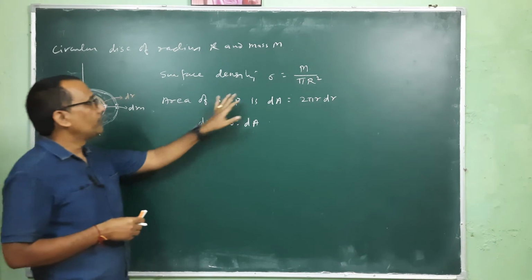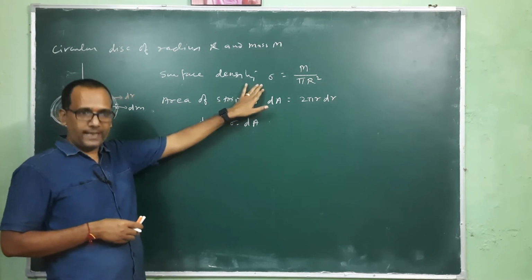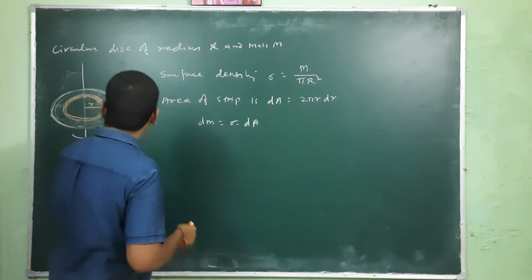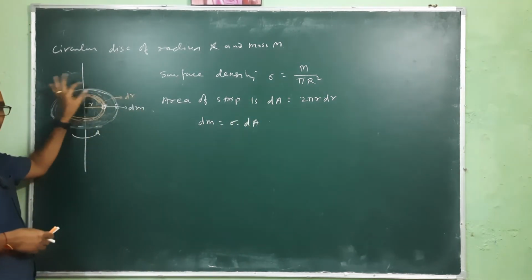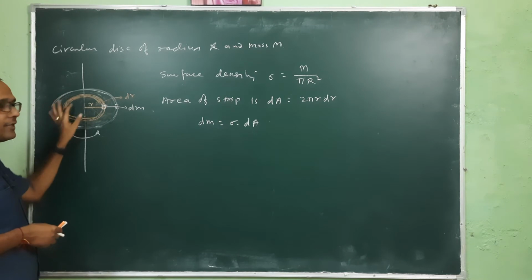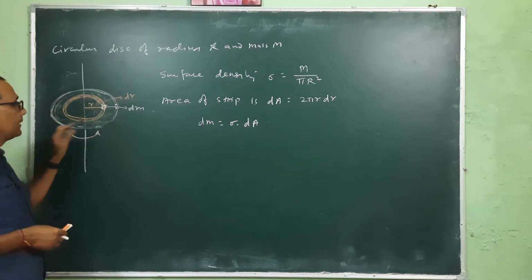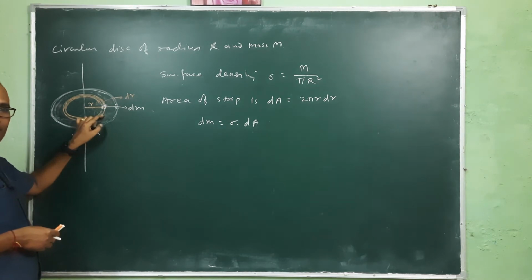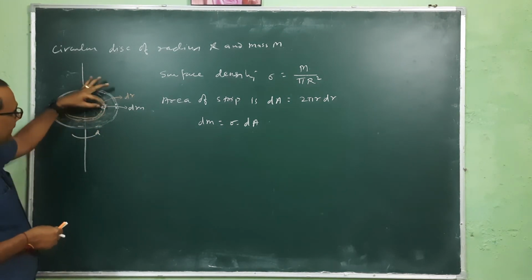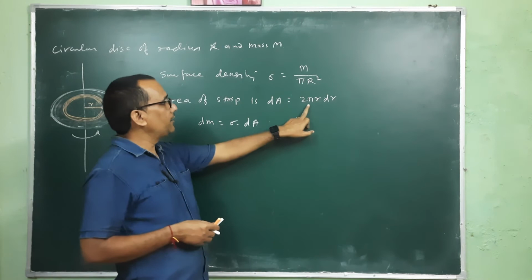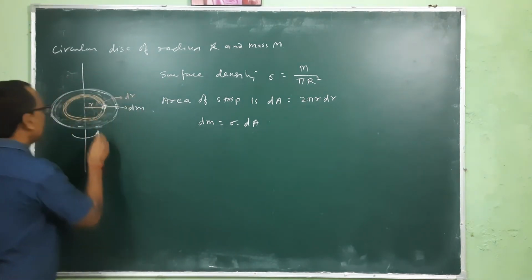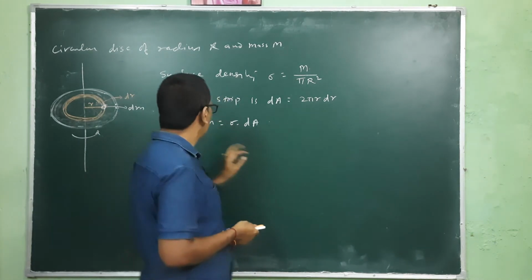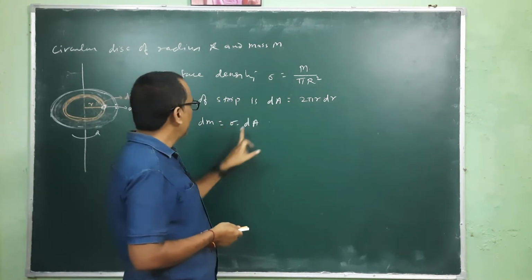We take the surface density and then calculate the area of that particular part. Here we take a strip of thickness dr, where the total perimeter is 2 pi r, r is the radius, and the thickness is dr. So the area of this strip is dA equal to 2 pi r dr, and dm is sigma multiplied by dA.